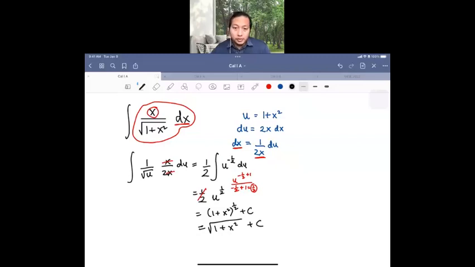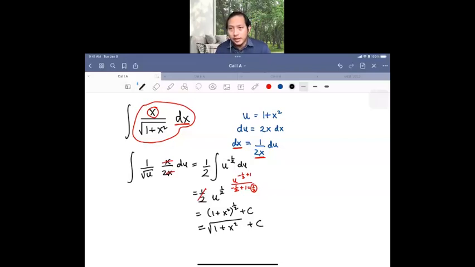Okay, this is the first possible substitution. So remember, the idea to change the x into variable u is when you derive, you need to make sure that the result of that derivative can cancel one of the elements in the integration.